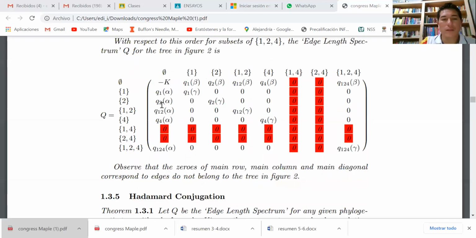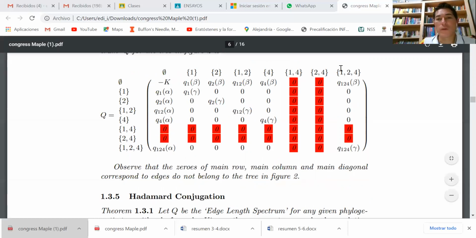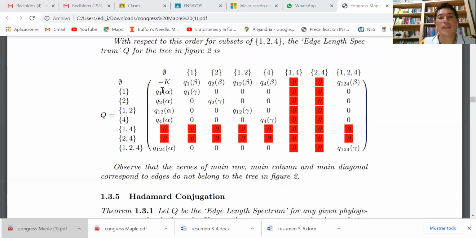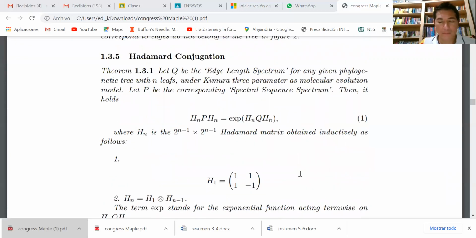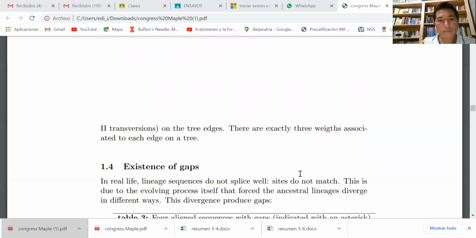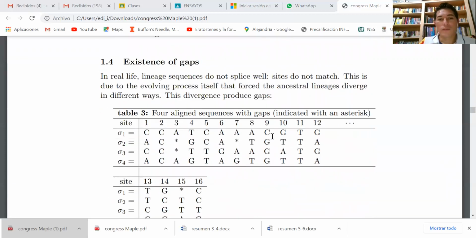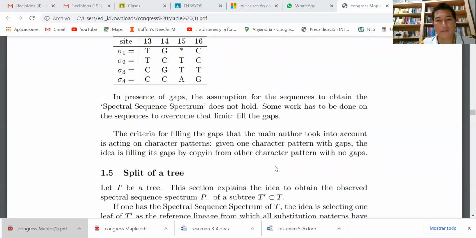In the first column, we have transitions. In the first row, we have type 1 transversions. In the main diagonal, we have type 2 transversions. Table 3 shows an alignment with gaps.